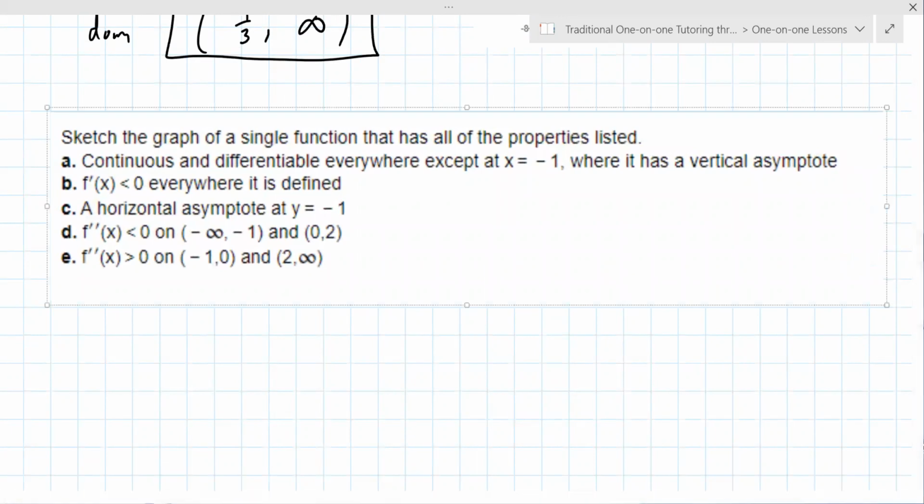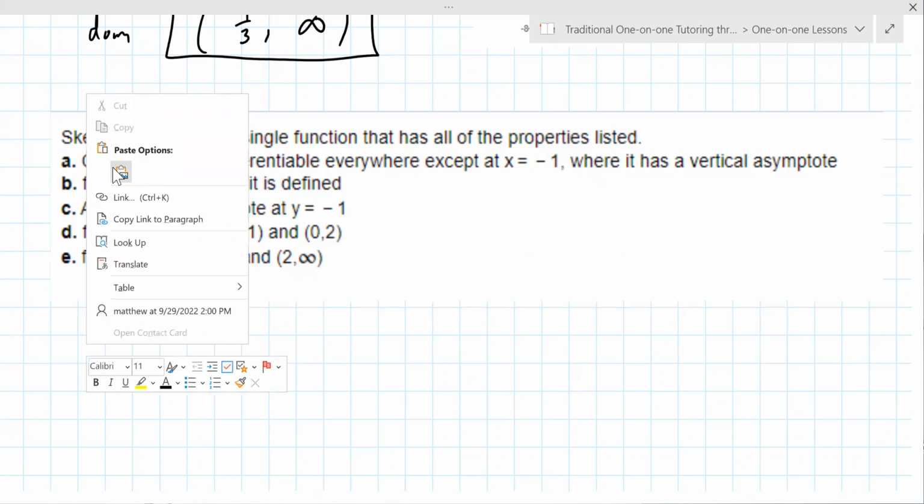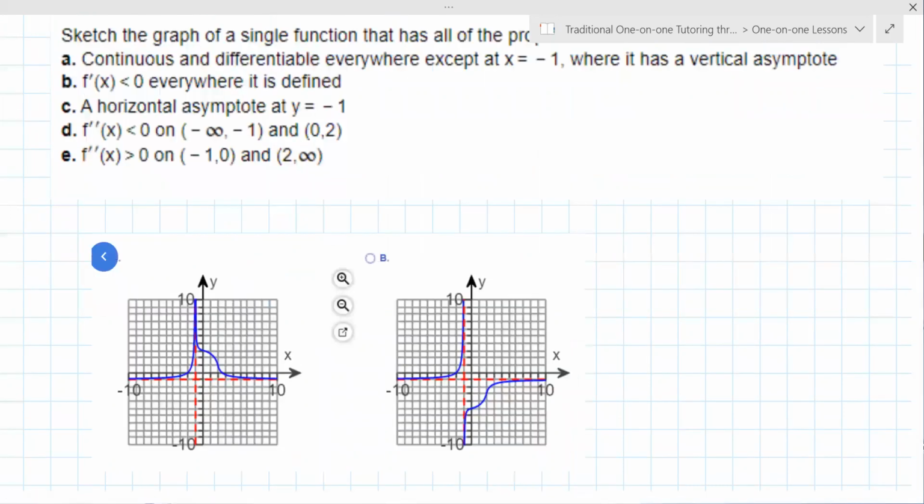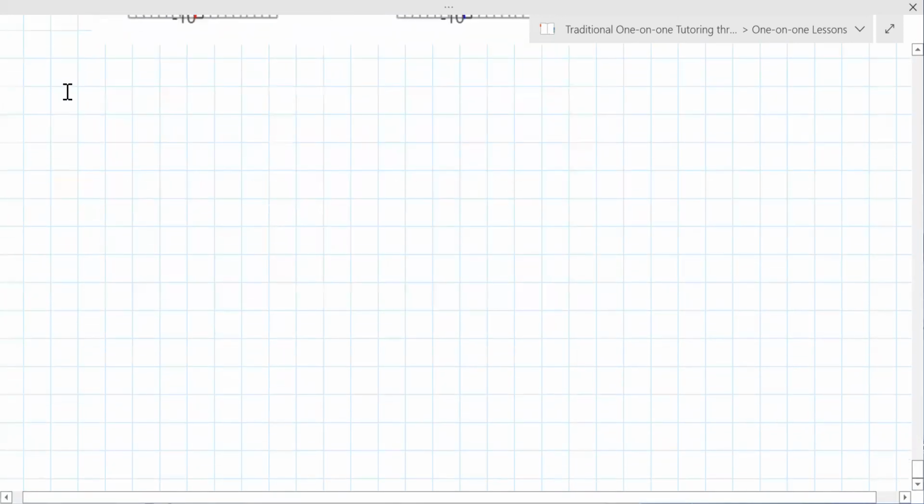So the next problem is to sketch the graph of a function with all of the following properties. We're going to do this by process of elimination. Students really fear when they have to sketch a graph, but they're actually very straightforward. They're hard to grade, so that's why I think teachers don't do this.